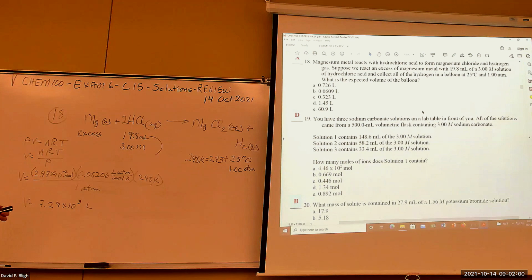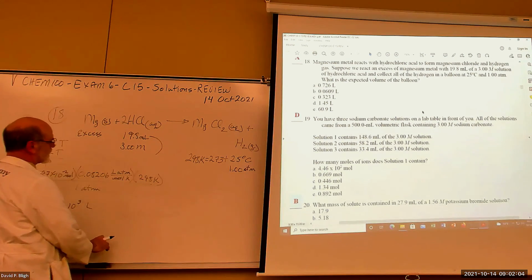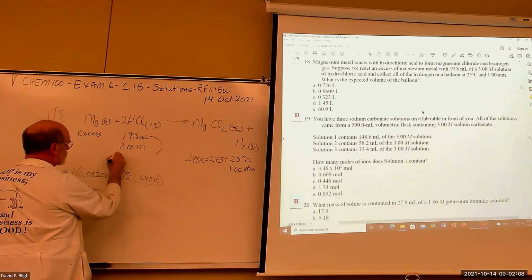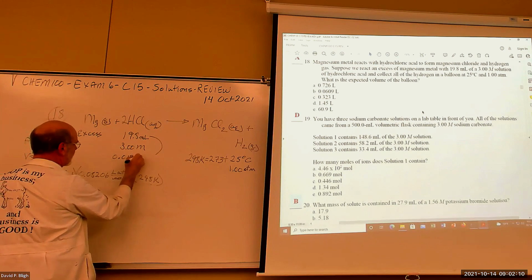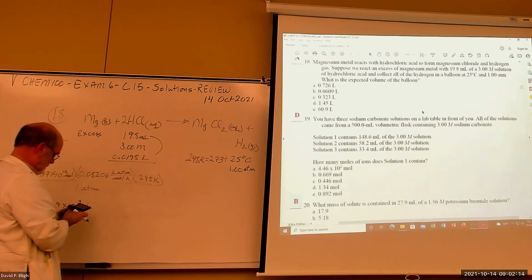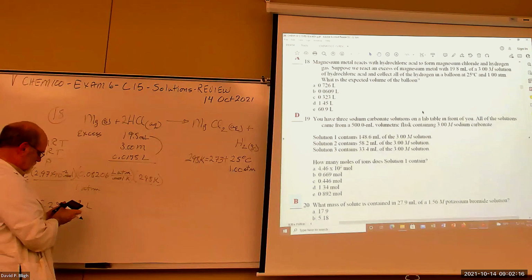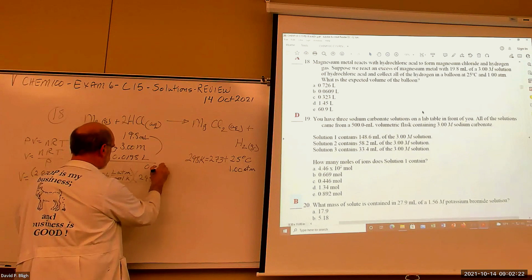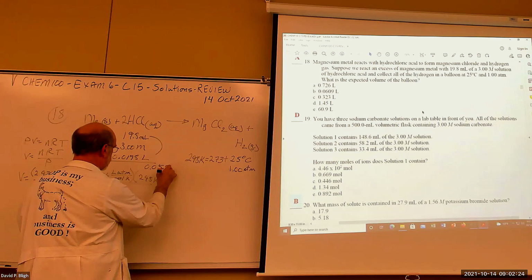I've got a decimal out of place here somewhere. Let's go back and figure. This should be 0.0198. That's probably where I made my mistake. So this is 0.0594, 0.0594.